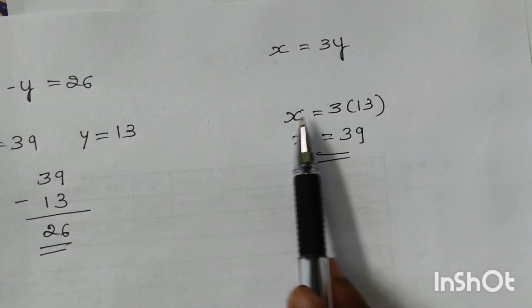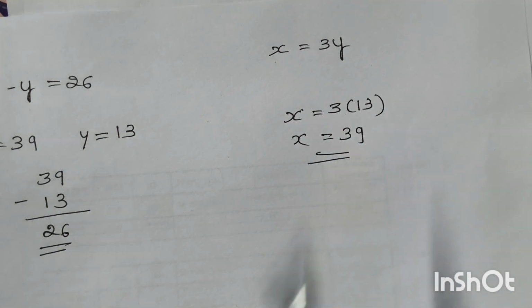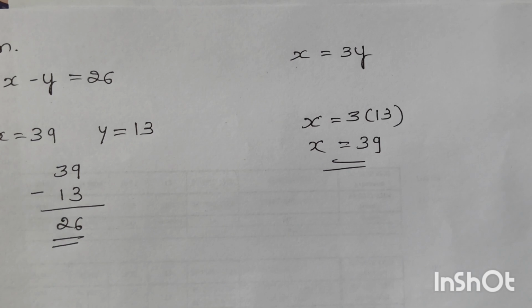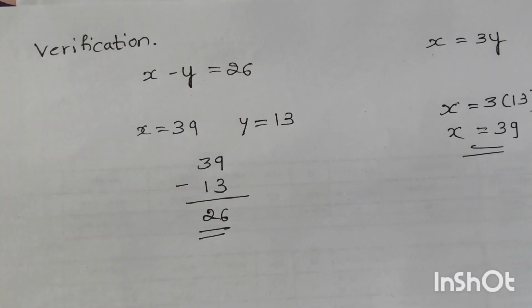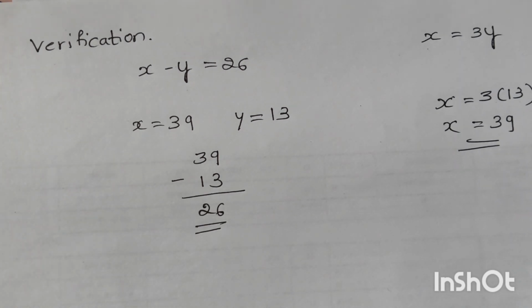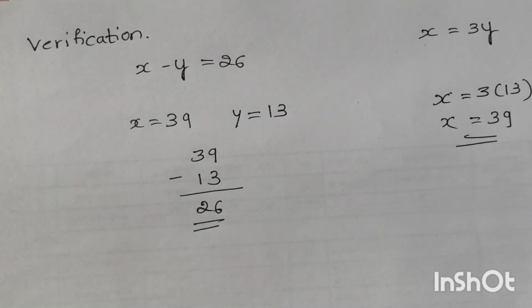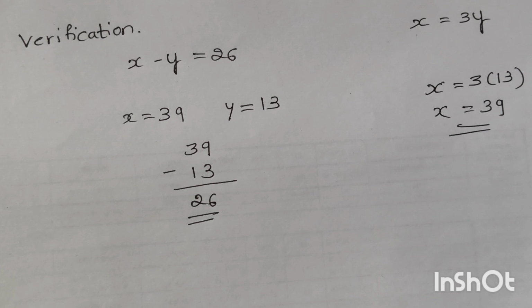That is x, it is 3 times the y. This is our verification. No need to do it in your exams. Okay, just for your clarification. Hope you have understood. Let us take the complete view of the answer.